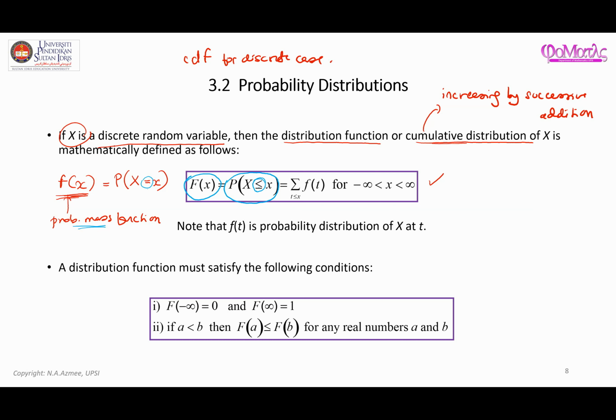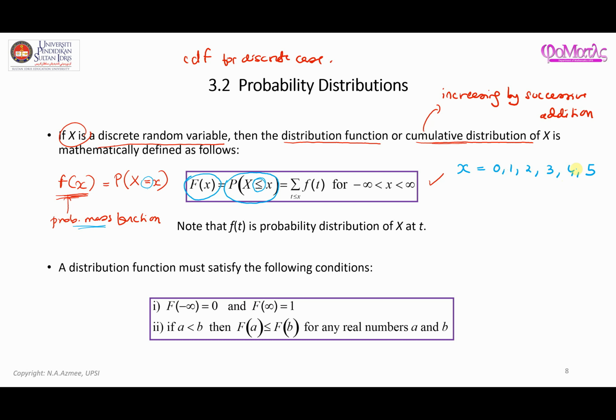Now let me give you an example. Let's say x is the value of the random variable that may take values such as 0, 1, 2, 3, 4, 5.